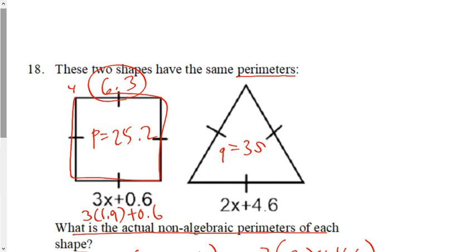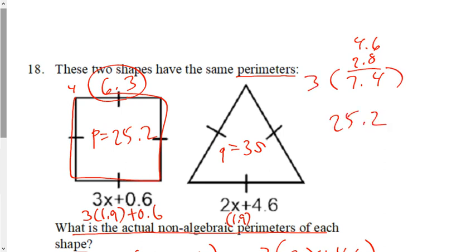The actual non-algebraic perimeter. If I look over here, substitute 1.9 here, the side length of that is 2.8 plus 4.6. 2.8 plus 4.6, can't do it in my head. 7.4, and 7.4 times the 3 sides is also 25.2. They have identical perimeters.